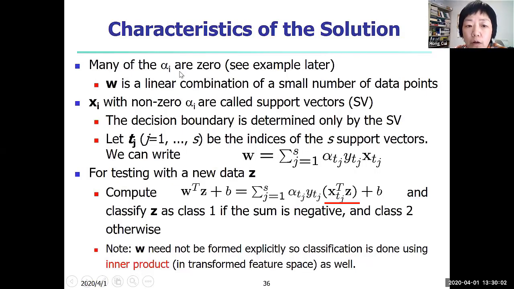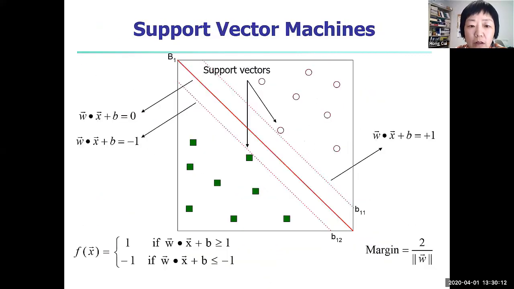A smaller number of alphas are going to be non-zero, and those alphas actually represent the support vectors. Aha, we neglected to explain support vectors in this slide. Support vectors are the vectors on the boundary, the edges of those widest margins.